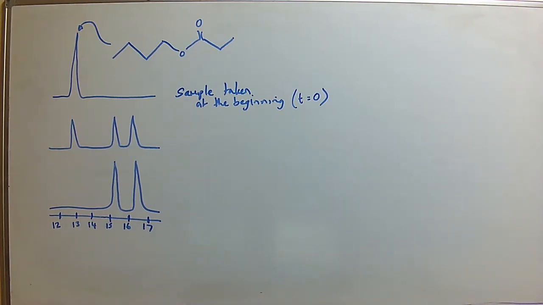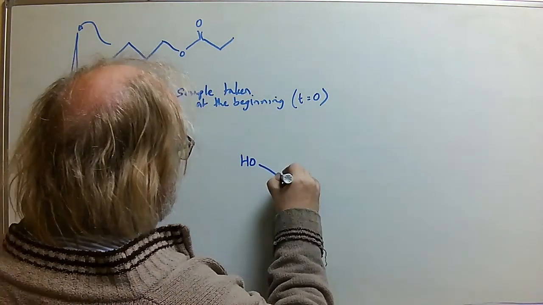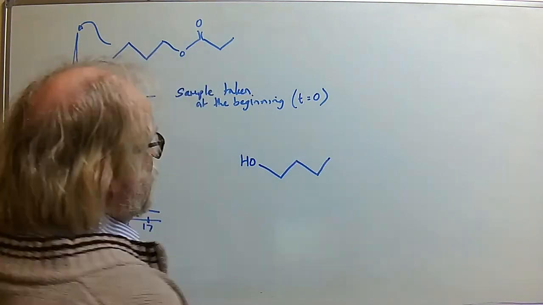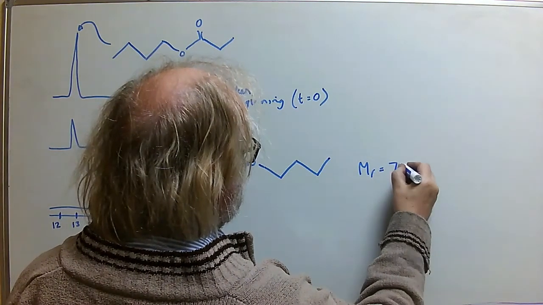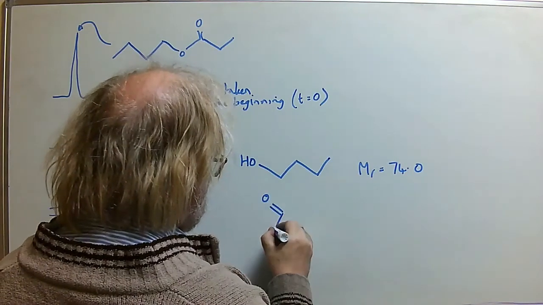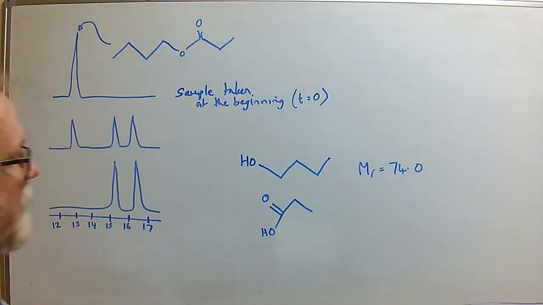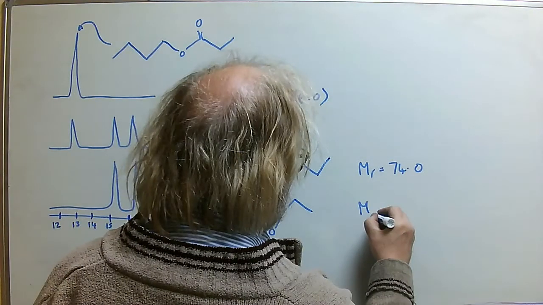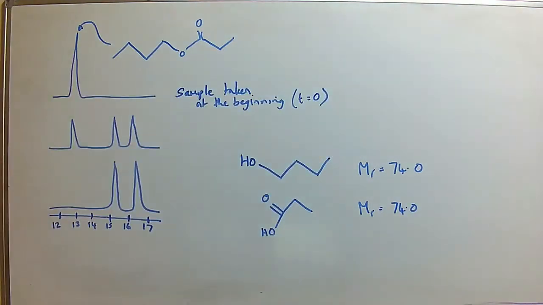So the key bit of evidence is that, first of all, your first thought might be, well, surely they'll have different Mr values, so we can tell from the molecular ion peak. But just by a quirk of fate, butan-1-ol has an Mr of 74, and so does propanoic acid. So unusually, just looking at the molecular ion peak doesn't help you, because those both have an Mr of 74.